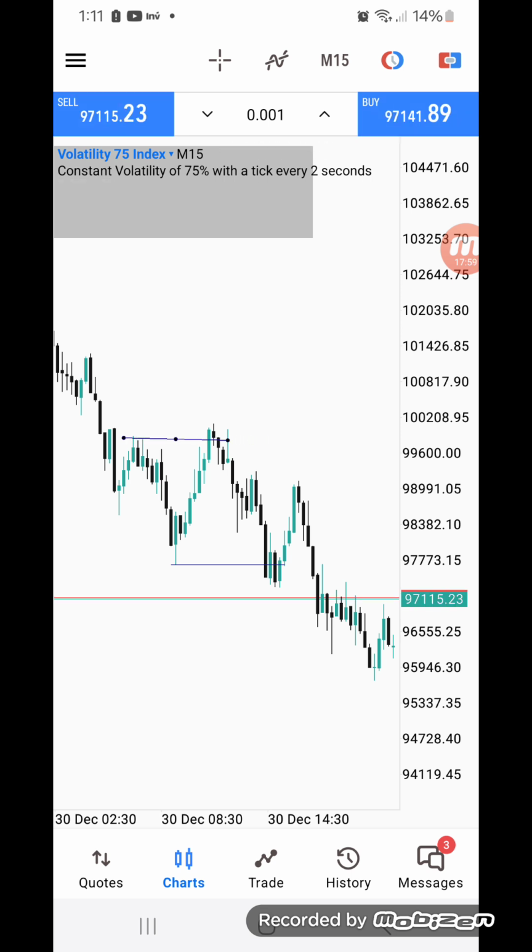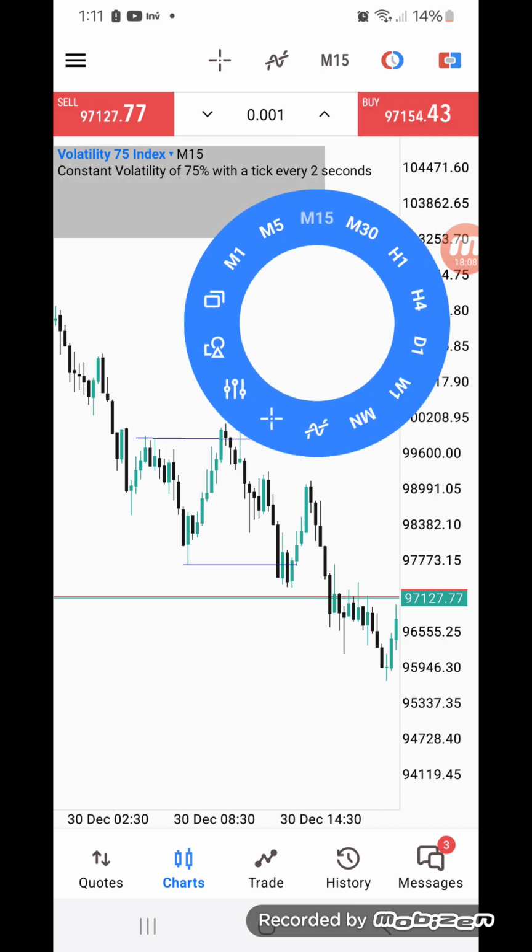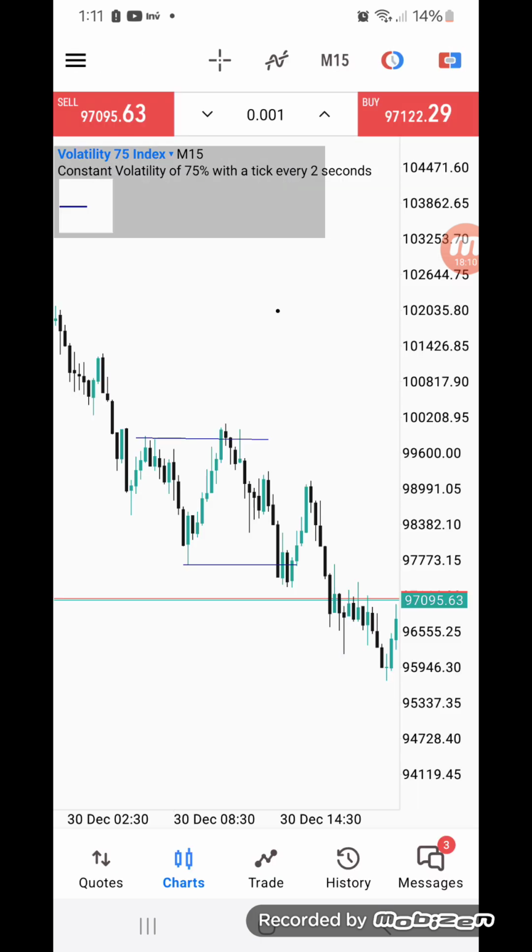There was a wipe of liquidity, and after that wipe of liquidity, it makes that high a protected high. This is a protected high, because it already grabbed that tiny liquidity over there.